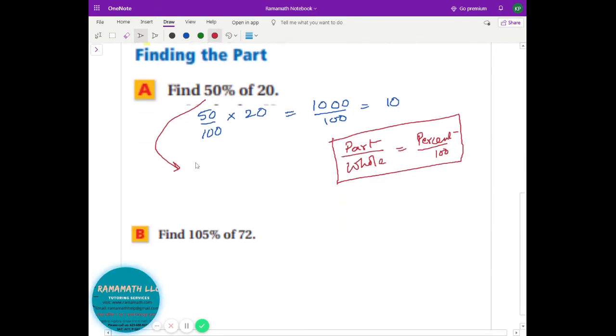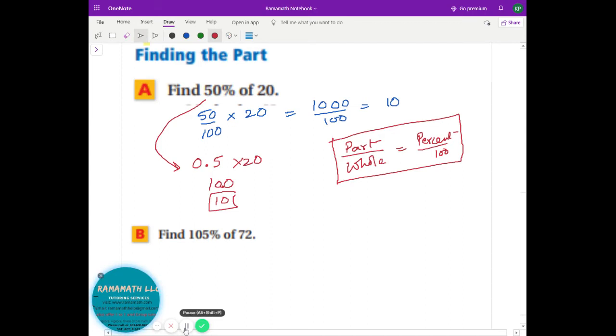So I can use 50% means 0.5, and then times 20. So it's 5 times 20, that's 100. But again, the decimal one place later, so that's 10. You see? This is a little faster way to do the questions. That's one of the reasons I gave that list there, so you can use that and get through this.